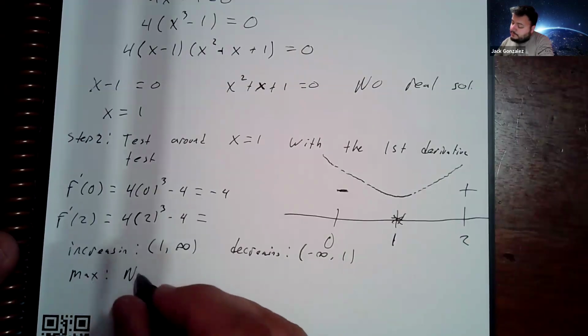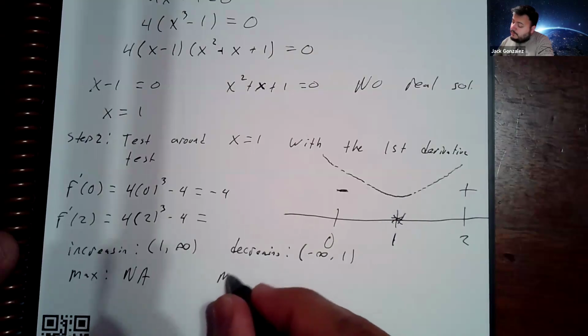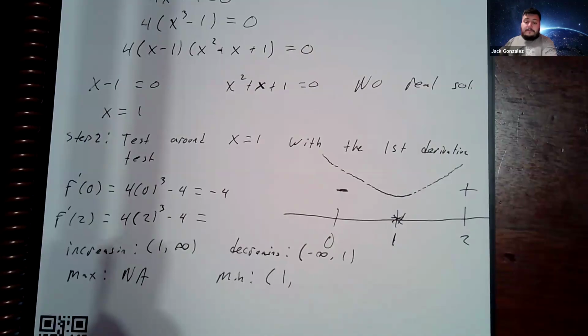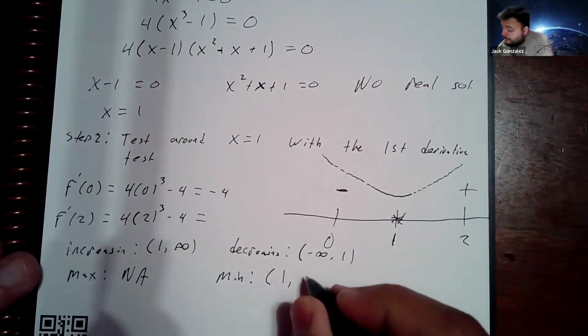Max, nope. Minimum will be 1 something, right? I'll look it up just because I feel like plugging it in. 1, 4 apparently.